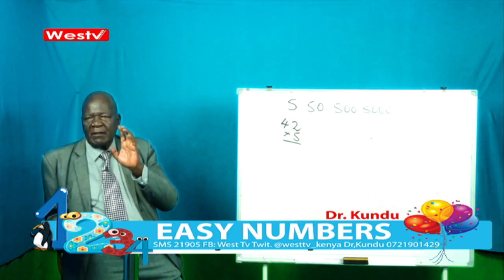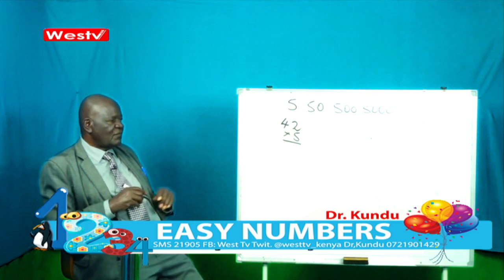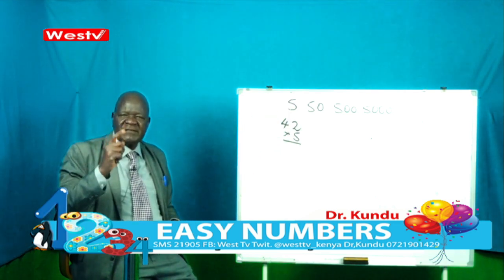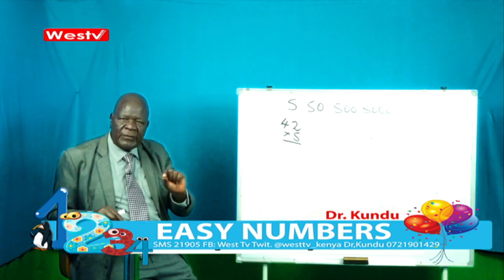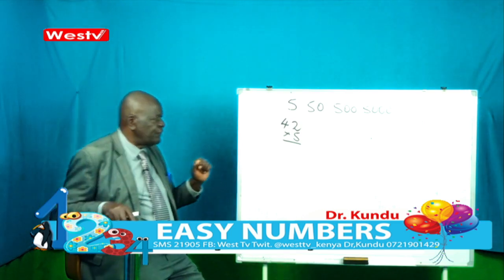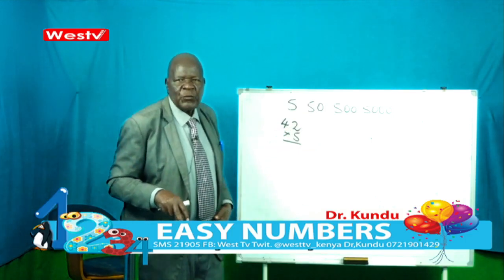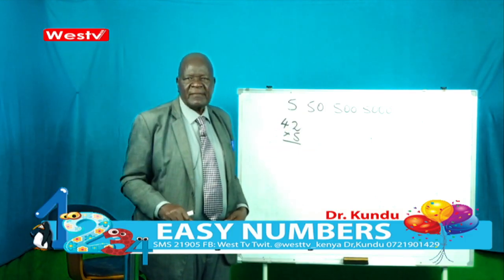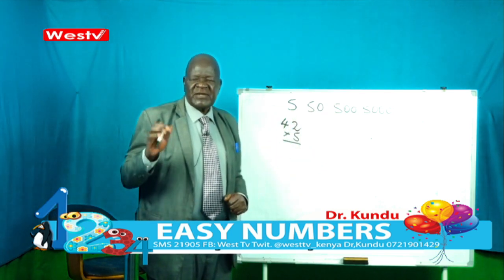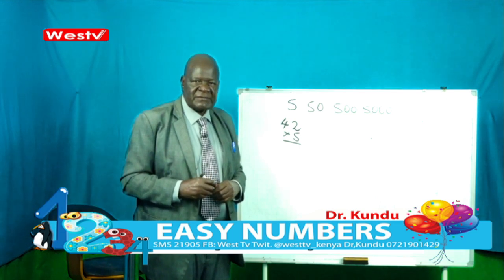So this is what we do. If it is a single 5, that's a 1-digit 5, you add on only 1 zero. If it is 50, that is a 2-digit 5, therefore you add on 2 zeros. If it is 500, that's a 3-digit 5, so you add on 3 zeros.